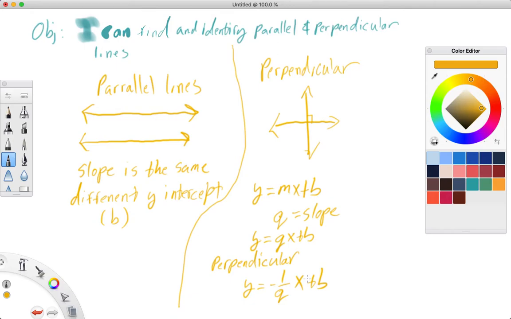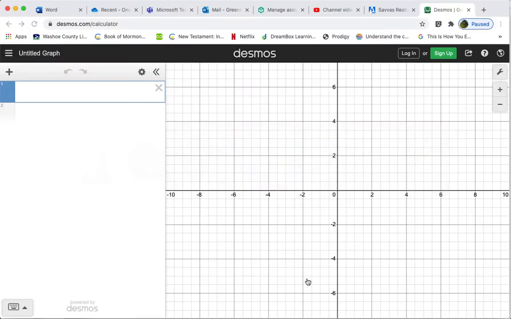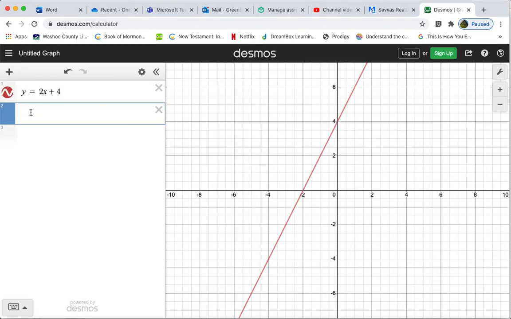We'll just do a couple of these really quick in Desmos, just so you can see that this works. So we'll say y1 equals 2x plus 4, and then we want a parallel line. So we're going to say y equals 2x again, and plus, I don't know, 2. And so these two lines are parallel.